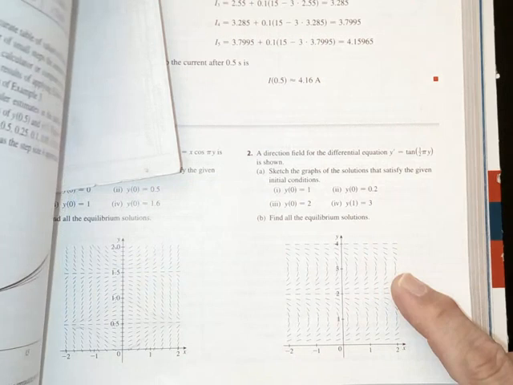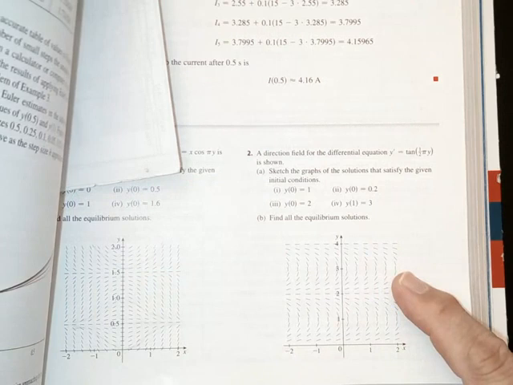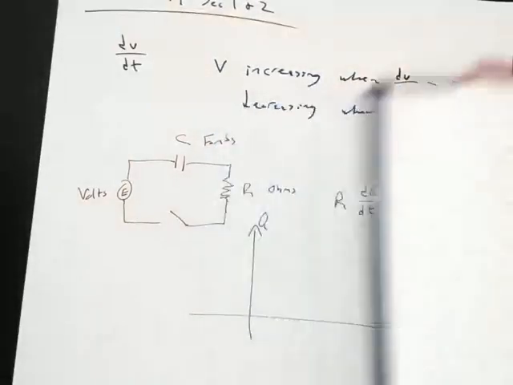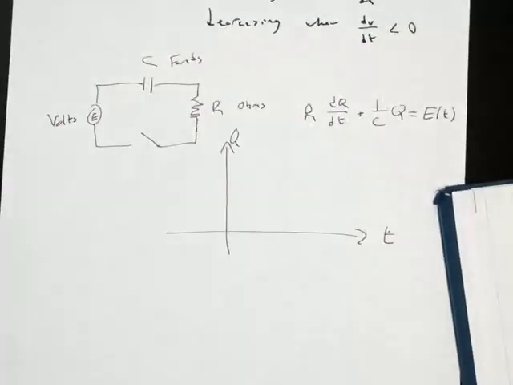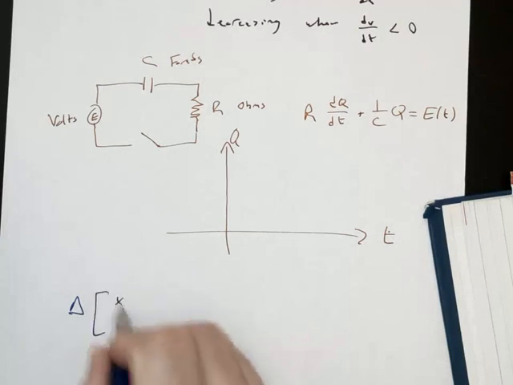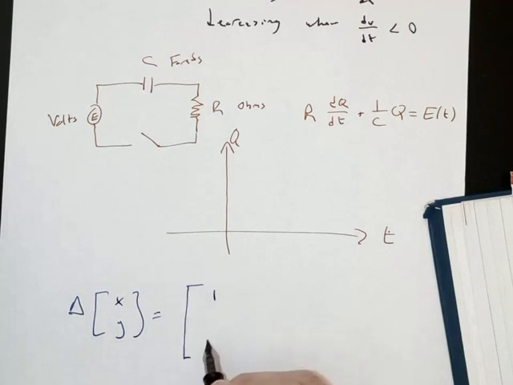I'm sorry, I don't know what you mean by that. Oh, if you're going to graph this, delta x, y equals 1 over tangent of pi y over 2.